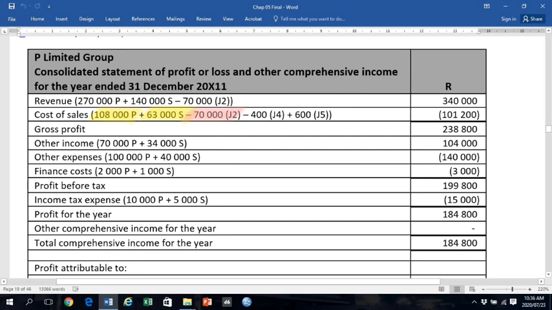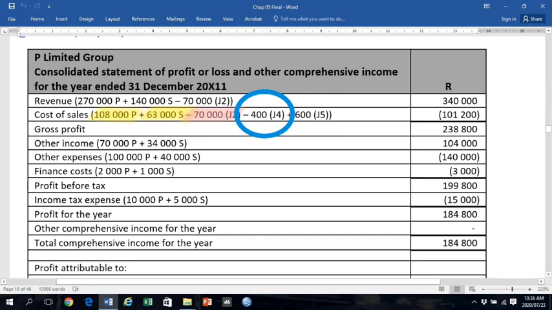In this example, there was unrealized profit in opening inventories. What we want to achieve with your unrealized profit in opening inventories is that unrealized profit gets realized back into the gross profit of the group during the current reporting period when those inventories have been sold to parties outside of the group. We wrote a consolidation journal entry, Journal 4, where we had a credit to the cost of sales of the selling entity being the parent.